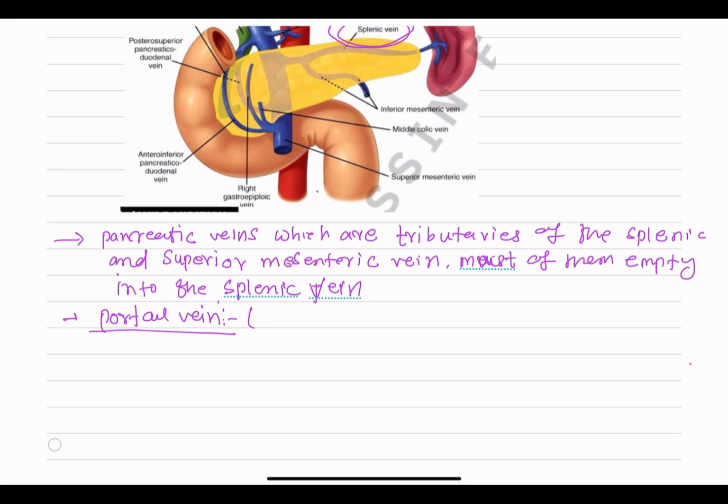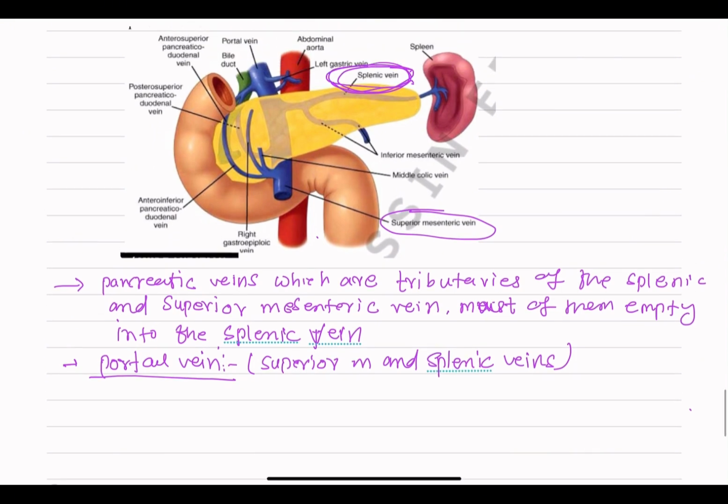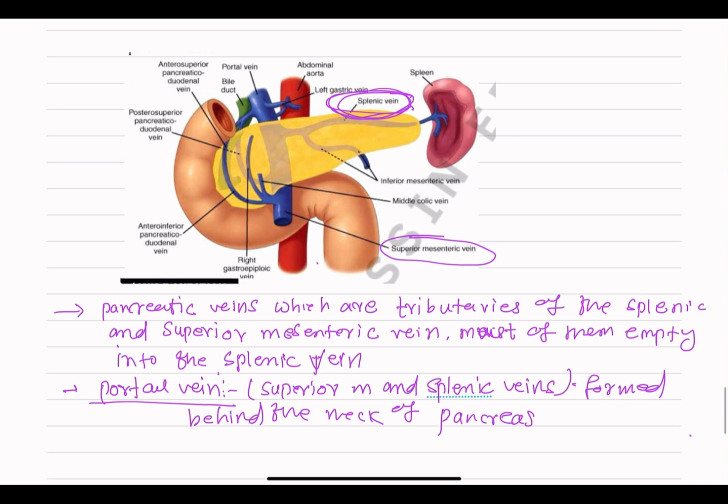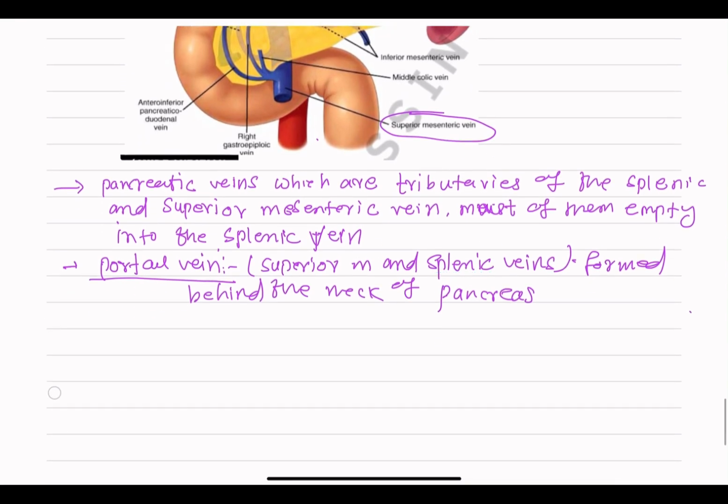The portal vein is formed by the superior mesenteric vein and the splenic vein, behind the neck of the pancreas.